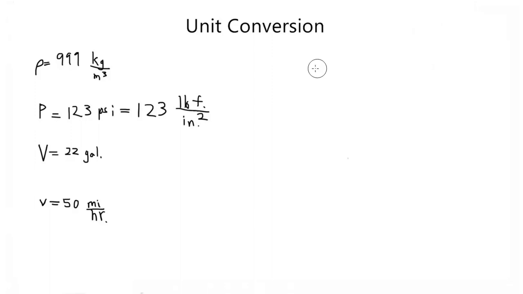So 1 pound force is equal to 1 pound mass times 32.2. And we're just using Earth's gravity because we're on Earth.